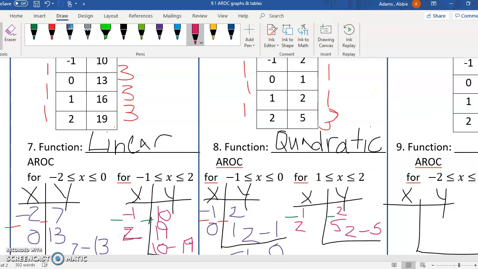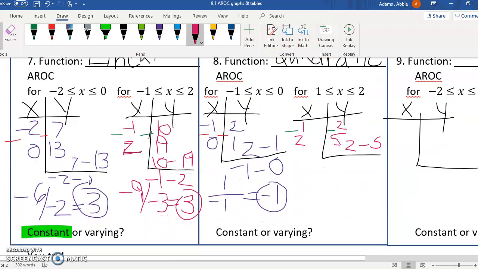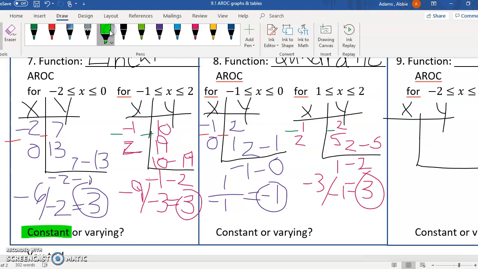And in my denominator, I'm going to have 1 minus 2. 2 minus 5 reduces to negative 3. 1 minus 2 reduces to negative 1. And negative 3 divided by negative 1 simplifies to 3. All right, let's look at the average rate of change for those intervals. Negative 1 does not equal 3, so therefore the average rate of change for this function is varying.